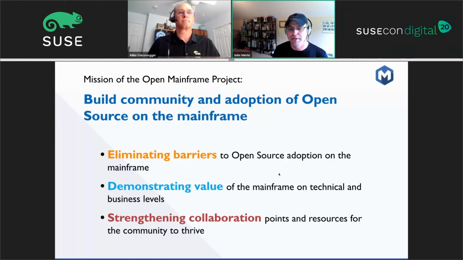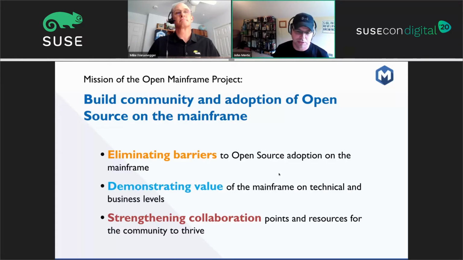Second is demonstrating the value of the mainframe on technical and business levels. We do a ton of advocacy through our projects alone, who are transforming their organizations because of the modern open source happening on the mainframe and how that is impacting their business overall.